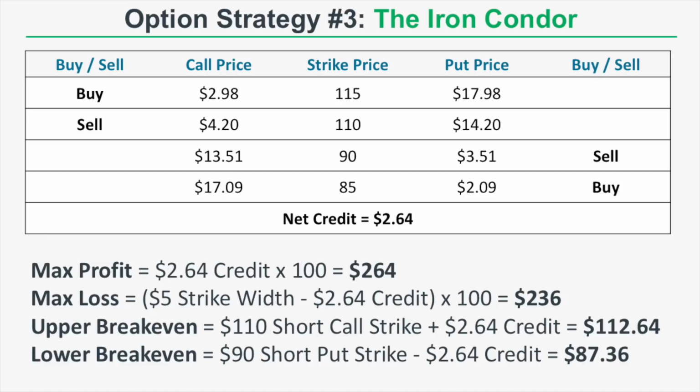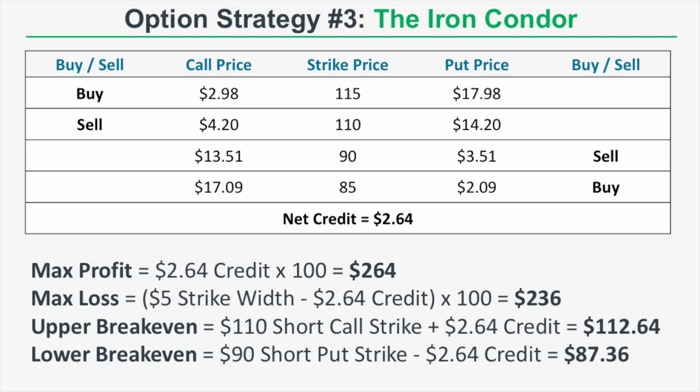So our maximum loss on either side is $236. That comes from the $5 strike width on both sides minus the $2.64 credit times 100, which comes out to a maximum loss of $236 for every Iron Condor that we sell.